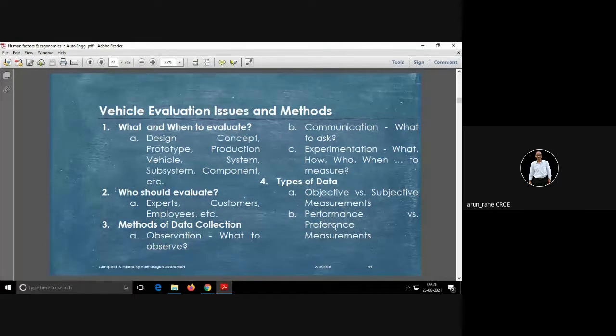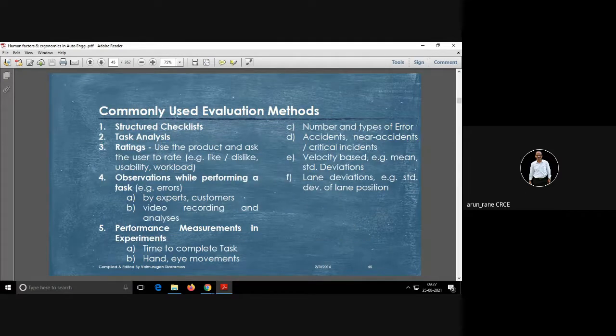And what is the type of the data, whether it is objective or subjective, and then you have to perform the experiment and do the measurements. These are the commonly used evaluation methods: structured checklist, task analysis, ratings, and you can also do observations while performing a task.